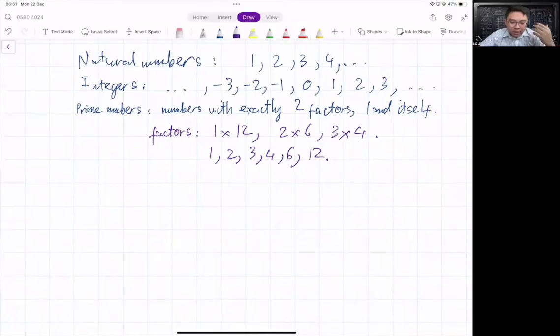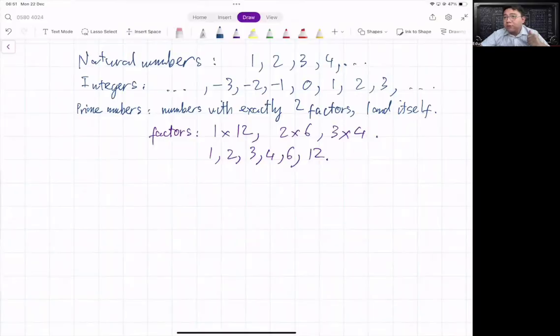Now we go back to prime numbers and see what kind of numbers have exactly two factors, which is one and itself. Let's start from zero. Zero doesn't really make sense if you think about it.